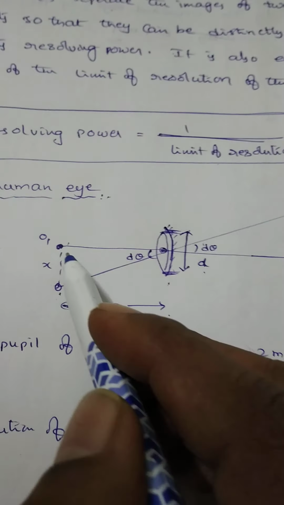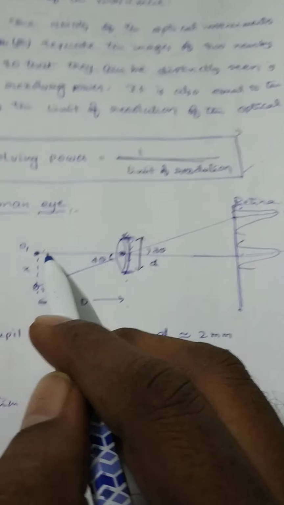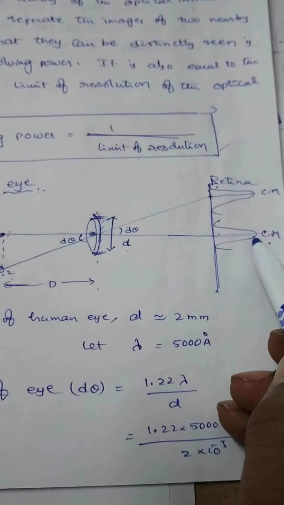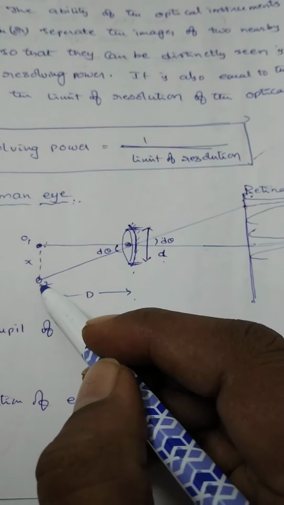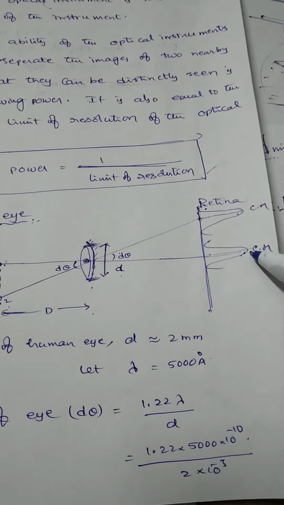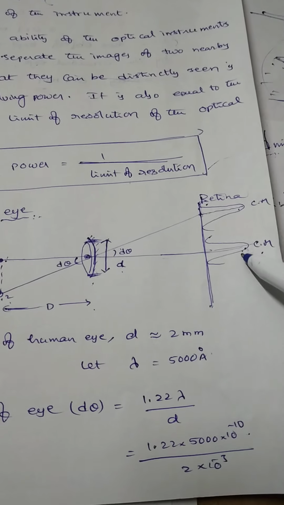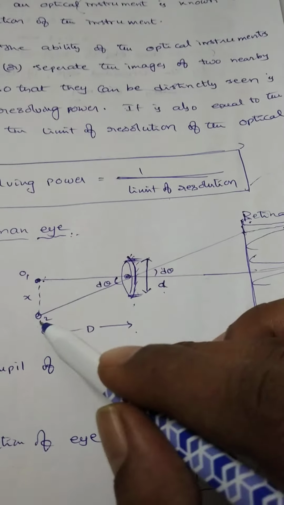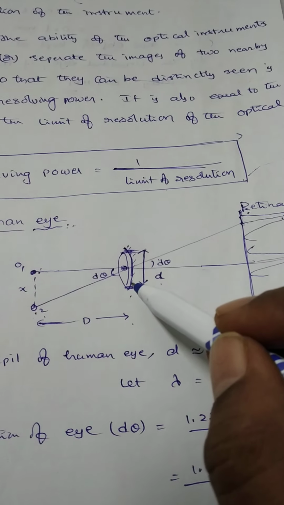For O1, the central maxima is formed at this point, and for O2, it is formed at this point. If the central maximas do not overlap, the two objects can be seen clearly by the human eye.